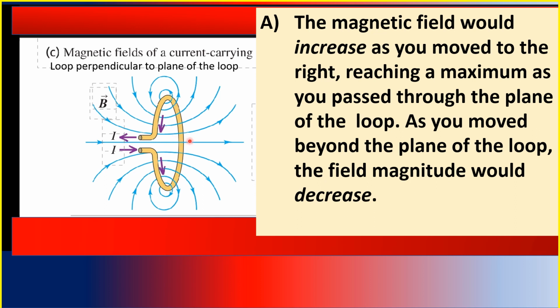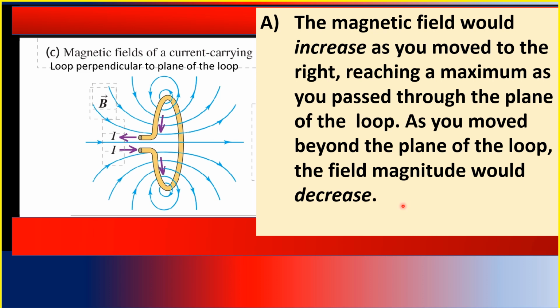And as you go to the right, the magnetic field lines become farther apart from each other, suggesting that the magnitude of the magnetic field is decreasing.